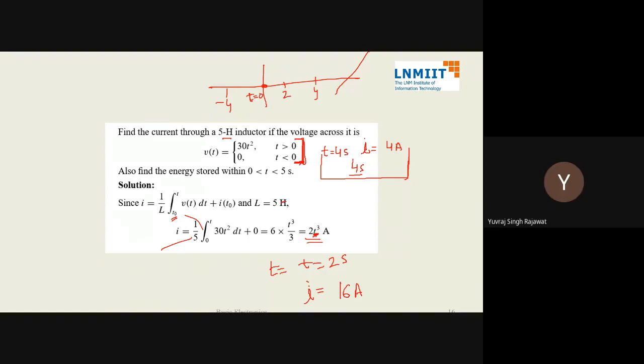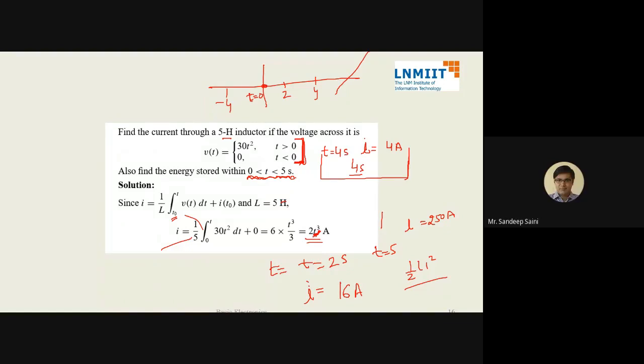So, sir, how will we be able to calculate the energy stored within 0 to 5 seconds? We are also asking how much energy in the first 5 seconds. So, sir, put t equal to 5. What is the value of 5 cube? 125 into 2. So the current is 250 ampere, and 1 by 2 L i square will give you the energy at t equal to 5 seconds.